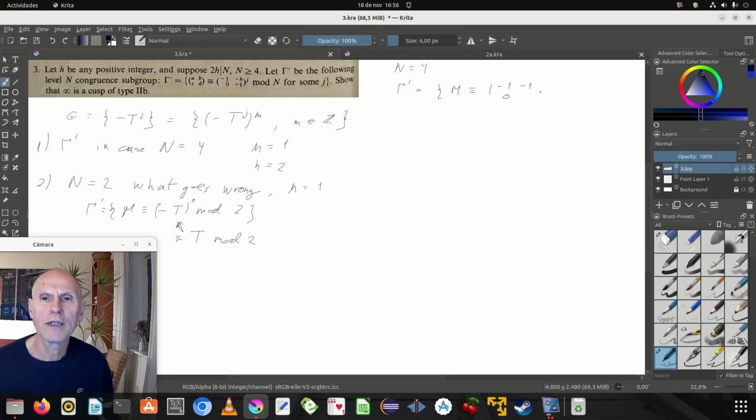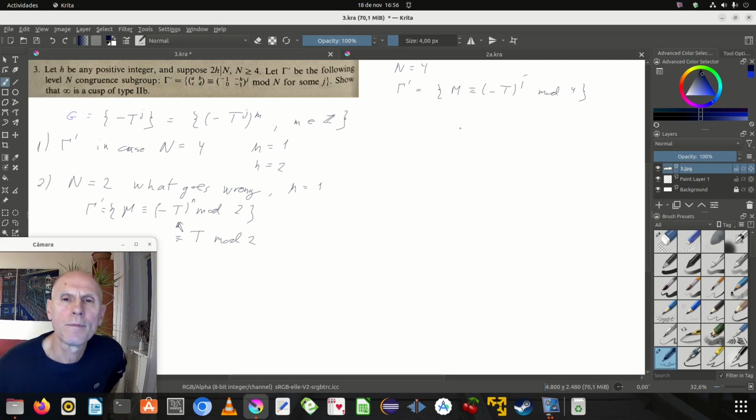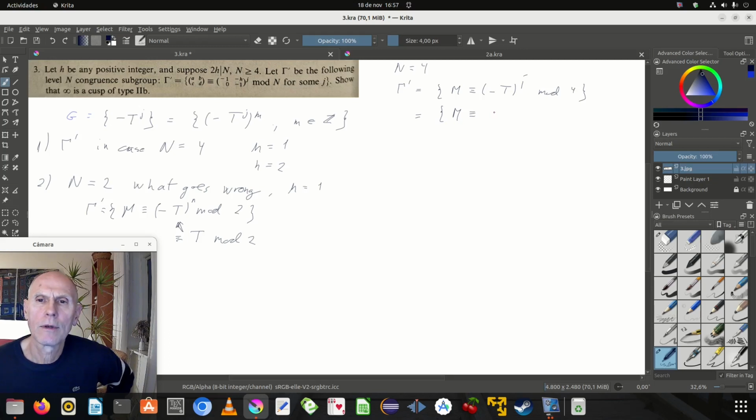Ah, come on, that's just minus t to the jth modulo 4, that means it's equivalent to t, minus t squared, minus t to the third, t to the fourth.